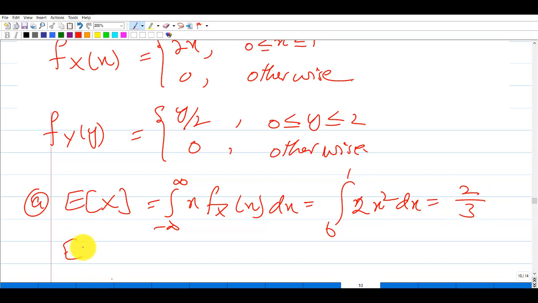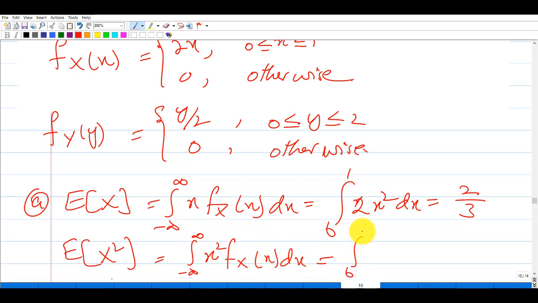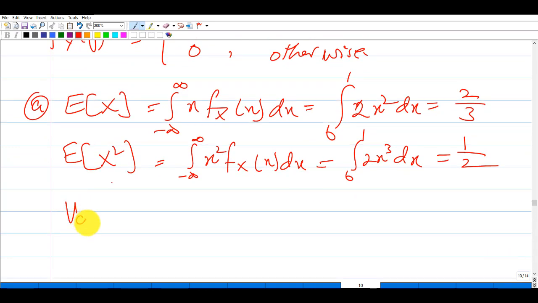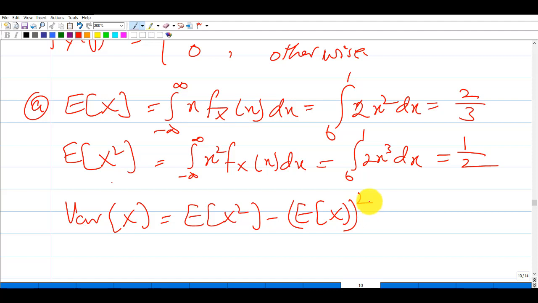To find the variance, we need to find the second moment, the integral of x square f x of x dx, which is the integral from 0 to 1 of 2x cube dx, which is 1 over 2. So variance of x will be expected value of x square minus expected value of x square, which comes out to be 1 over 18.